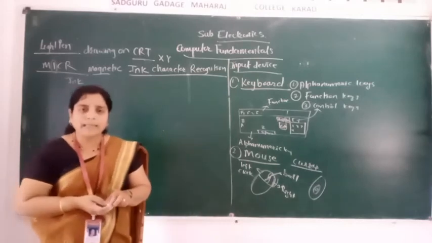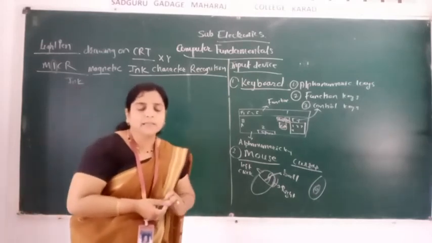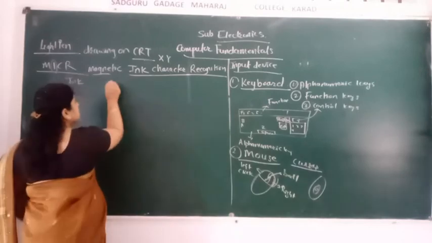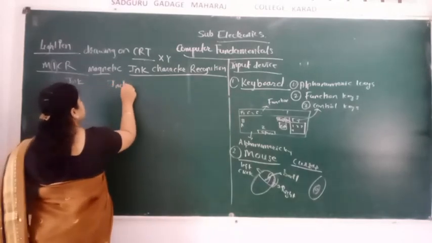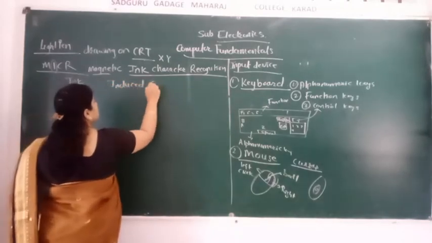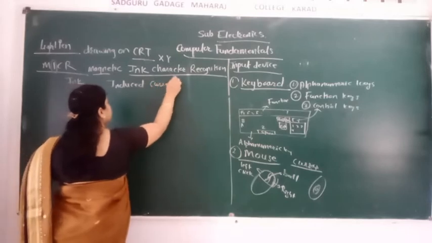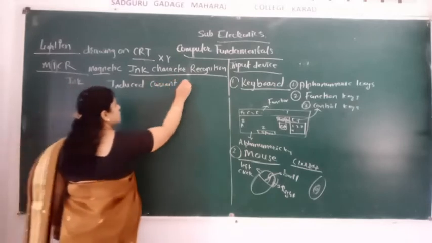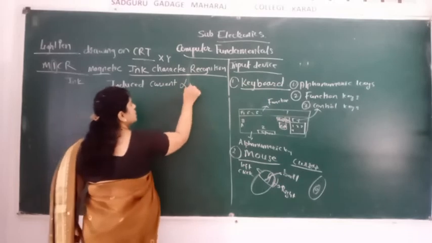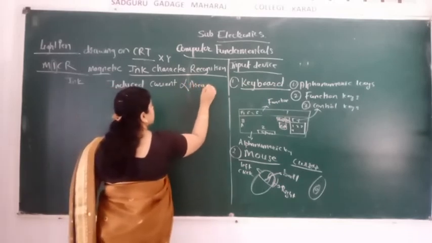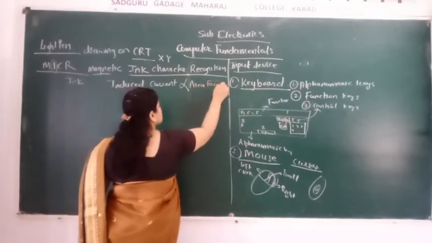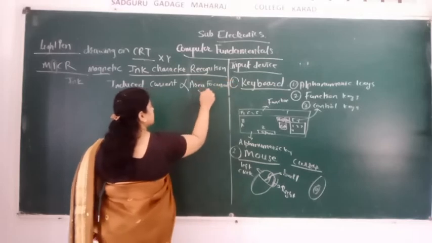What happens in the magnetic type ink? It induces the current, so that it will be directly proportional to the area focused or scanned.